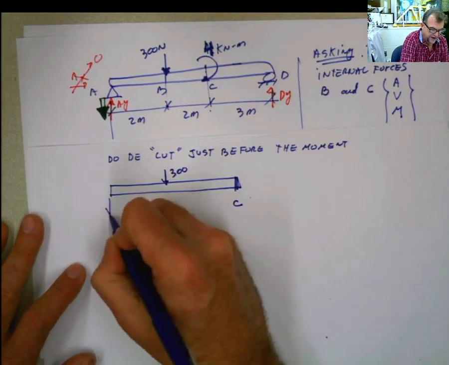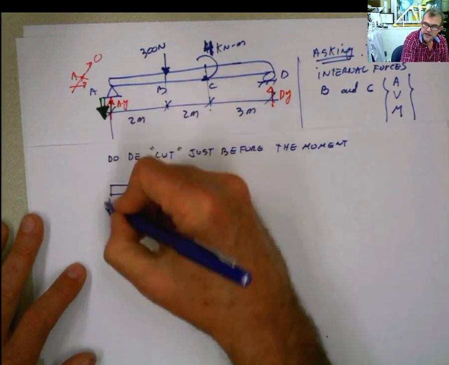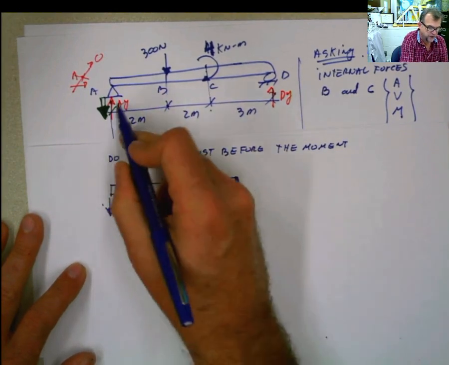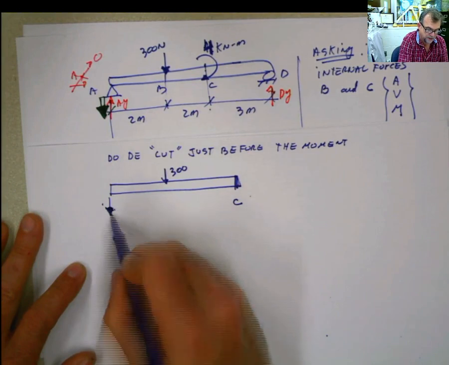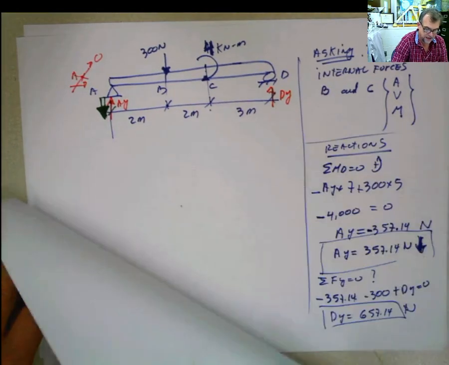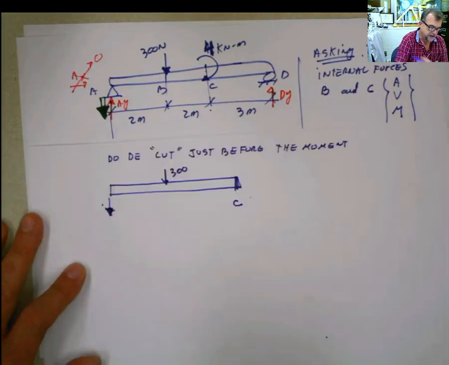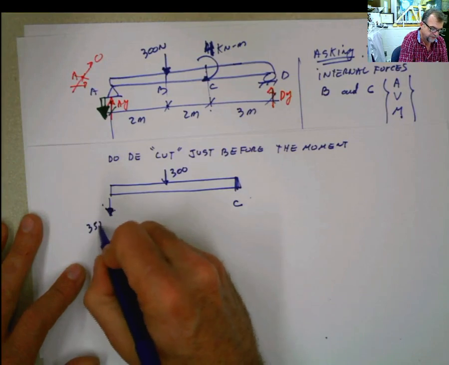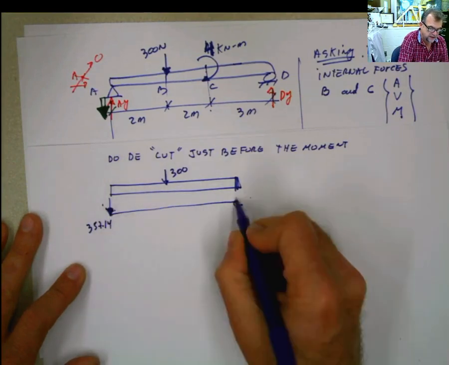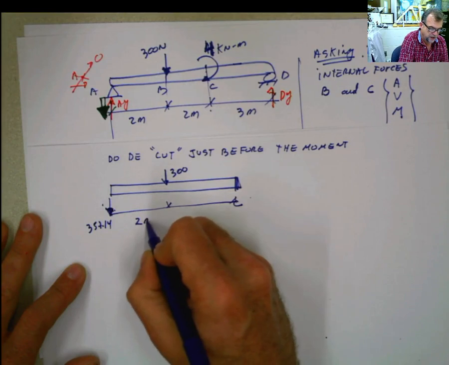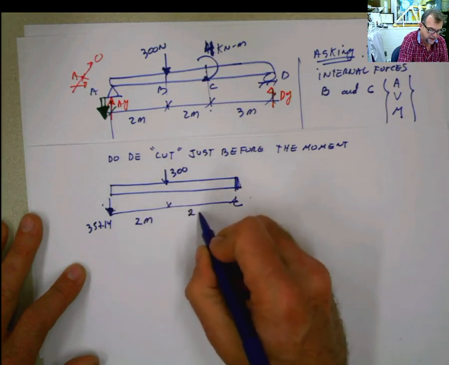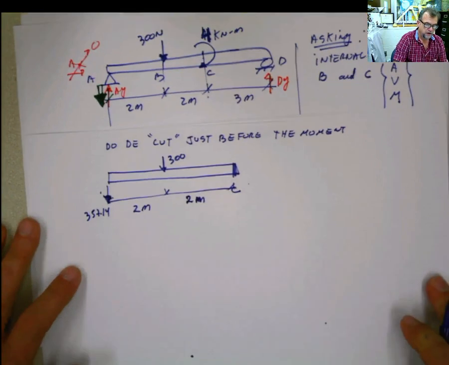This is my reaction. You see why I changed the direction, because if I put it up, I'm going to keep putting it up here, and it's not up, it's down. And this is 357.14, and my distances are 2 meters and a little bit less than 2 meters for the math freaks. There you go. I have that over there.